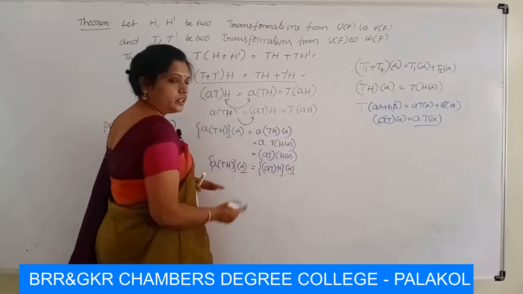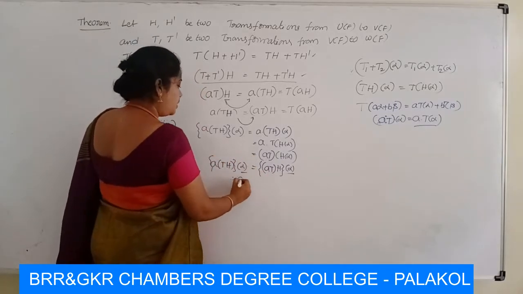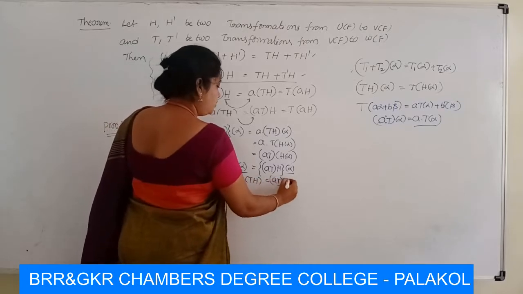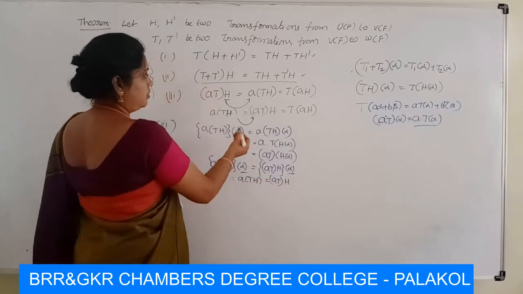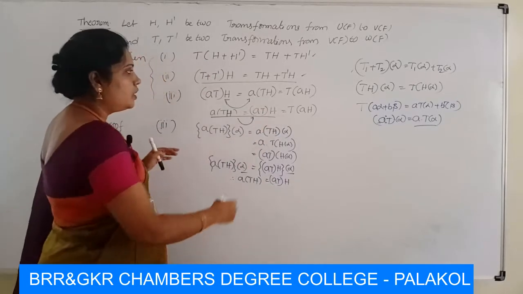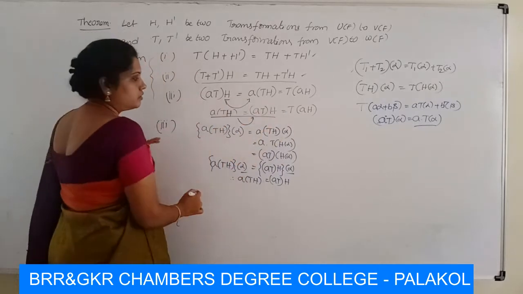The offering elements alpha are equal on both sides. Therefore a into TH is equal to aT of H. So this is proved.